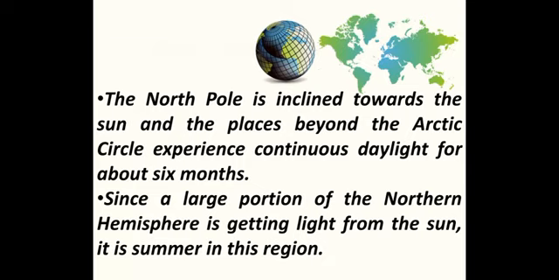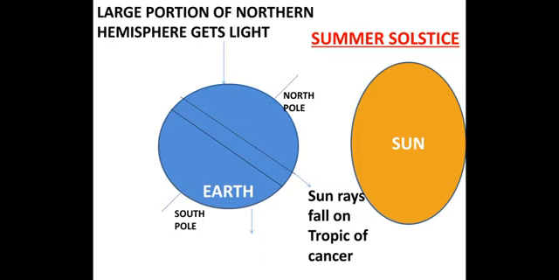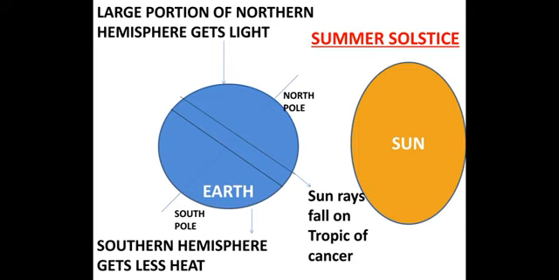You can see on the screen there is a sun and an earth, and the North Pole is tilted towards the sun. The sun rays fall directly on the Tropic of Cancer. A large portion of the northern hemisphere gets light, and the southern hemisphere is getting less heat and light.